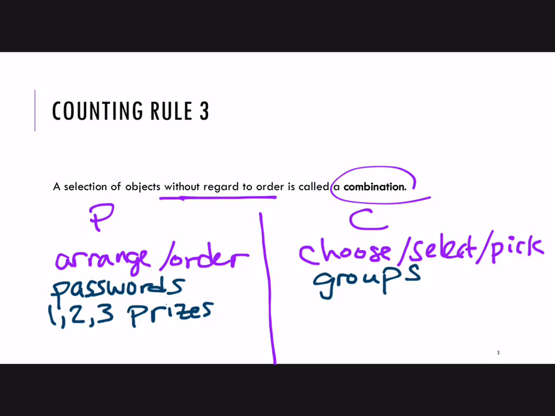Combinations would be choose 3 winners. No particular order, just 3 winners. Permutations would be choose a president and a vice president. Combinations would be choose or make a 2-person committee.